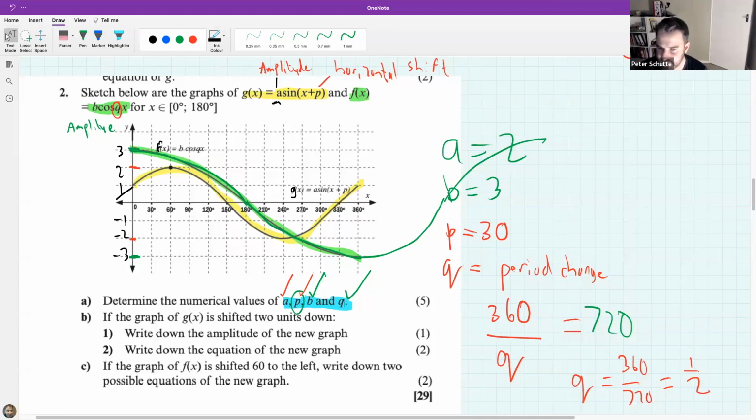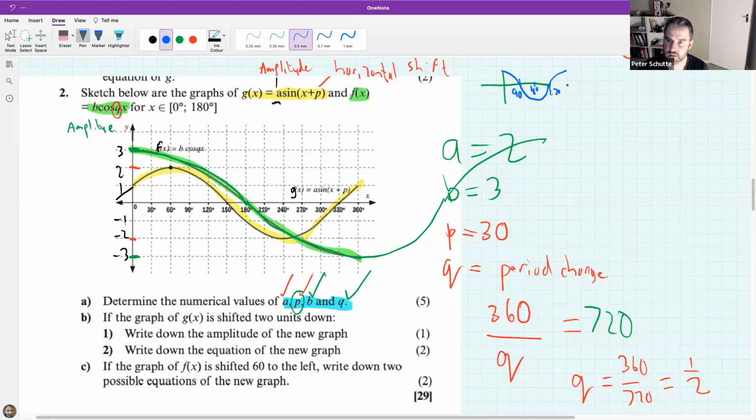And Caitlin, how did I get 720? So I looked at how much of the cos graph fitted into 360. And normally when I draw a cos graph, I draw it by going down in 90, then like that, and like that. So normally each little quarter goes in 90s.